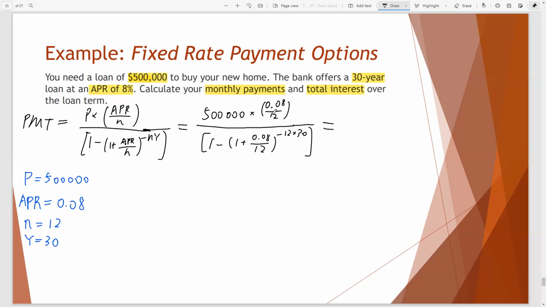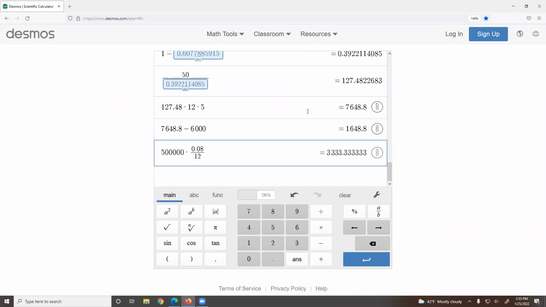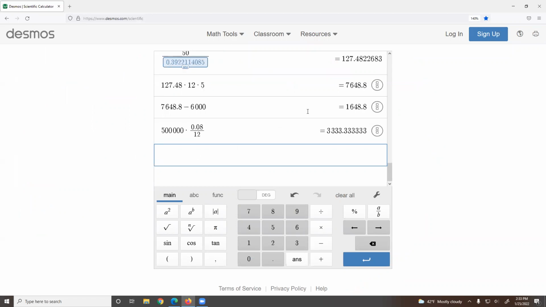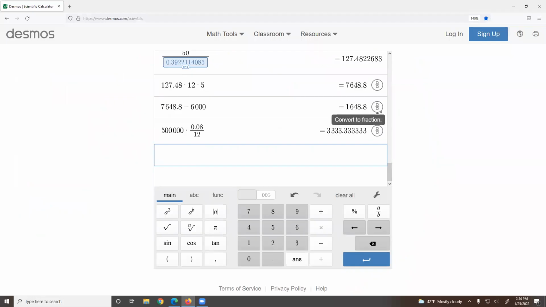So the way to do it is the same. 500,000 times 0.08 divided by 12. That's a lot of threes, 3,333 with 6 more.